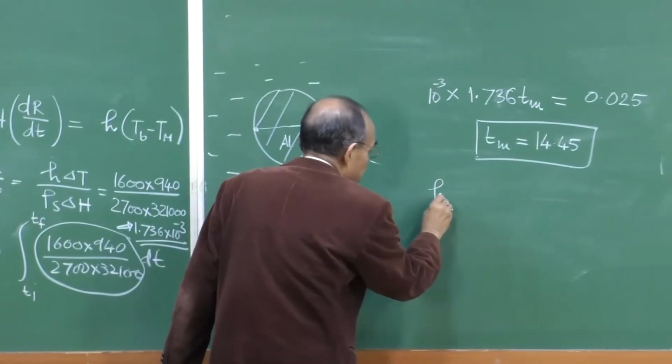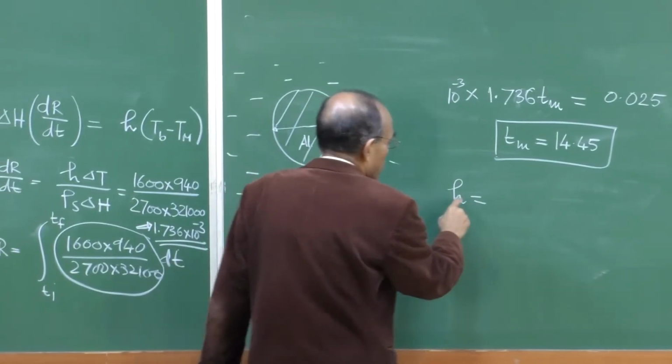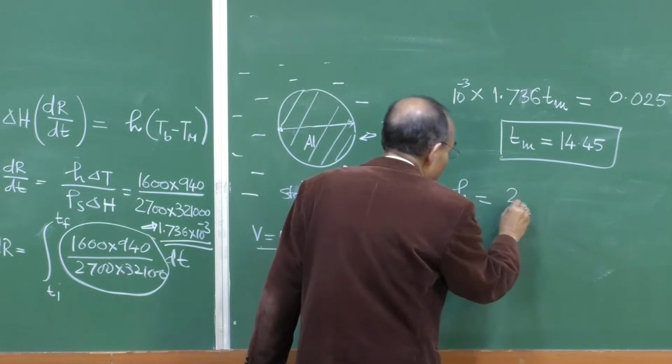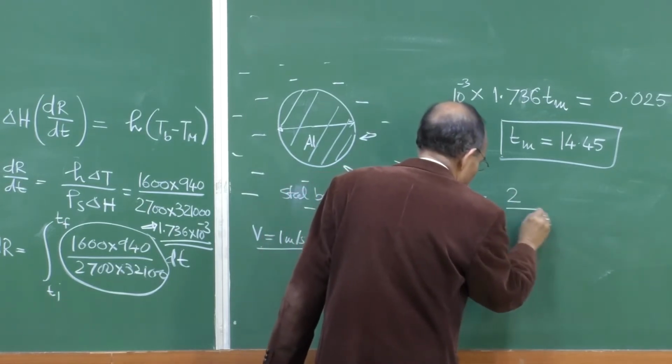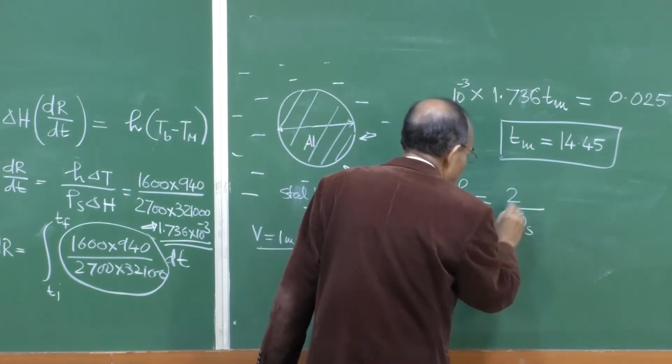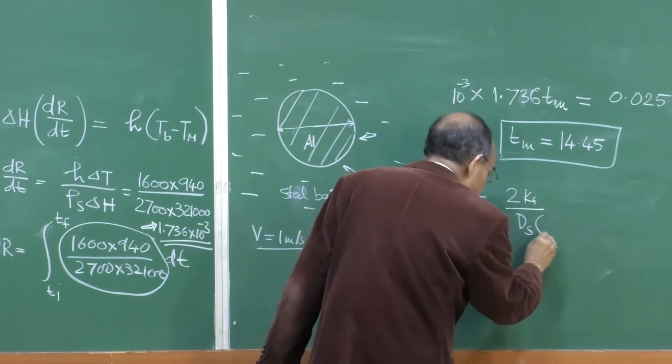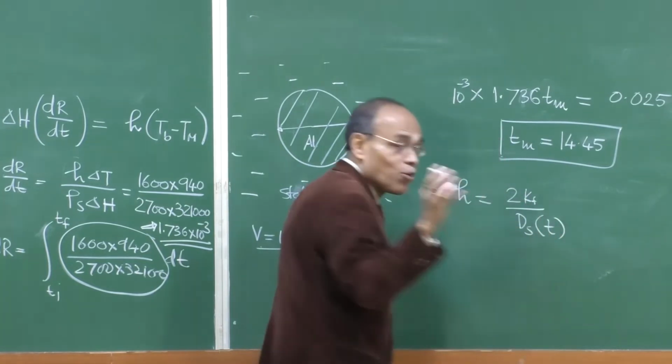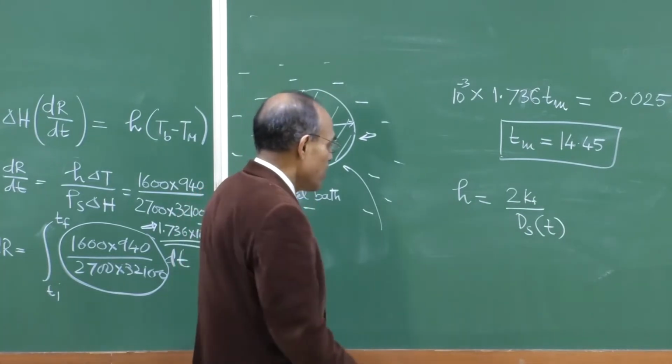So, we have said that h, the heat transfer coefficient, is equal to 2 multiplied by Km divided by the diameter of the sphere. But this itself is a function of t, because the sphere is shrinking as a function of time.